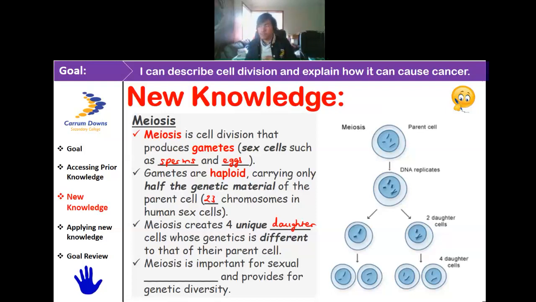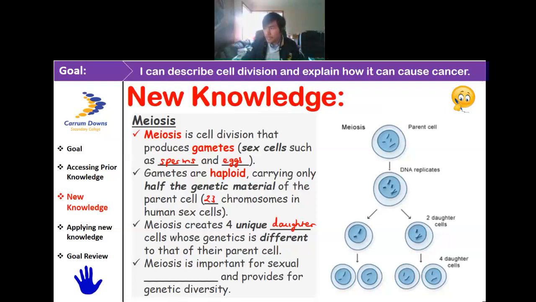You don't want people to have the same genetics, because that means if someone gets a disease, the other person would have the same disease as well, right? So having this genetic diversity is a way for us to protect ourselves, really.